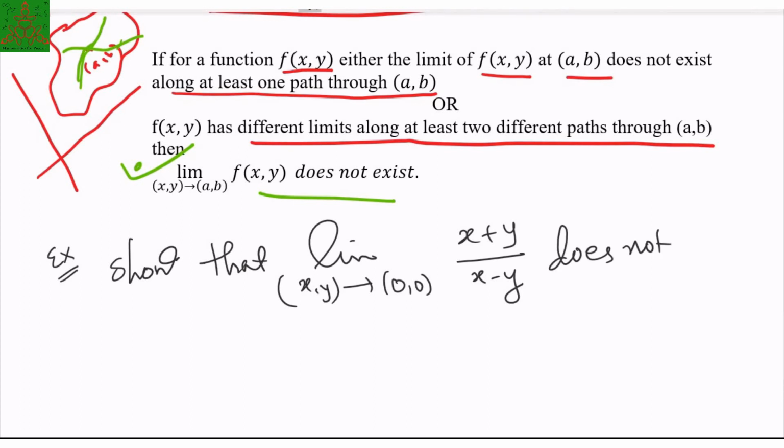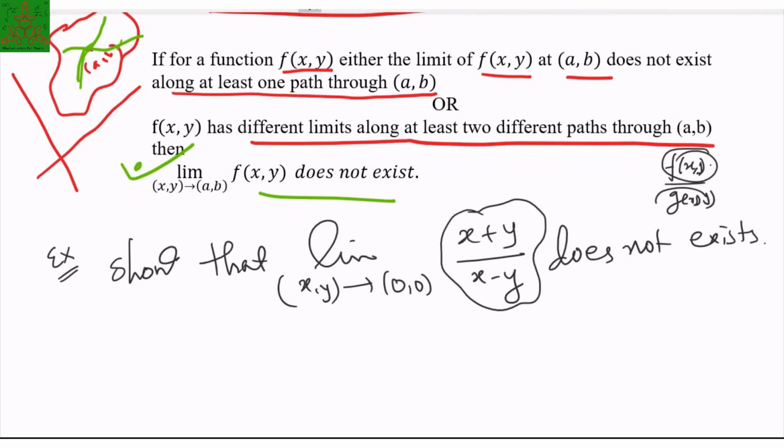does not exist. Whenever such kind of functions are given, rational functions, meaning a function of the form f of x upon g of x, where here it is a function of two variables, so you can say f of xy upon g of xy, where f of xy and g of xy both are polynomials in x and y, you have to calculate the degree of the numerator and the denominator.